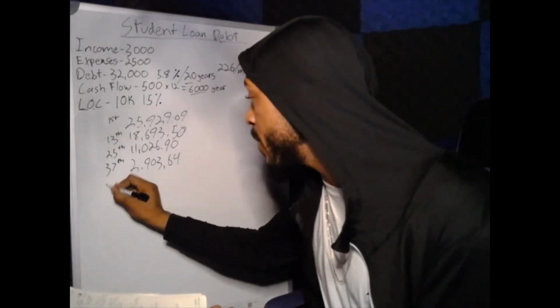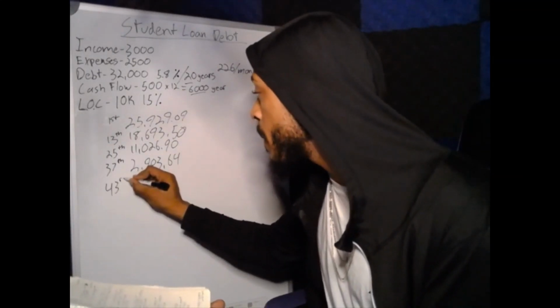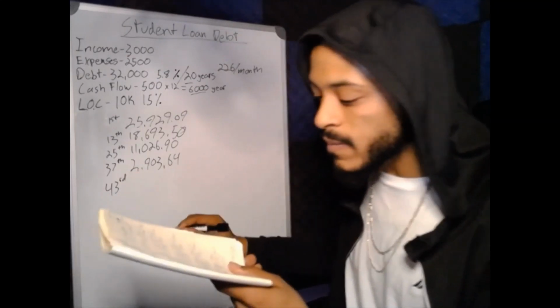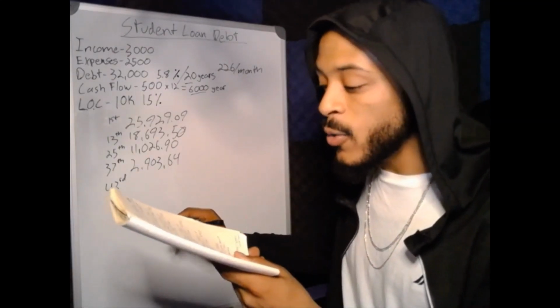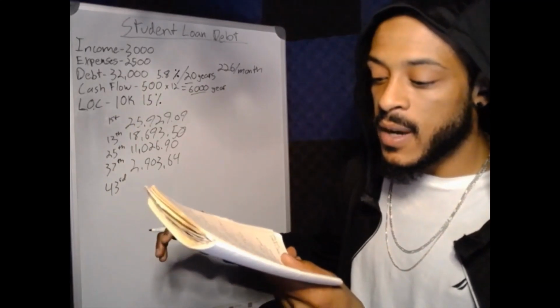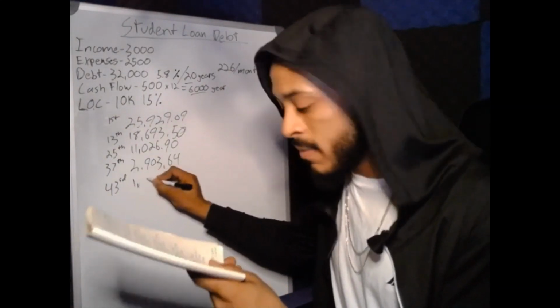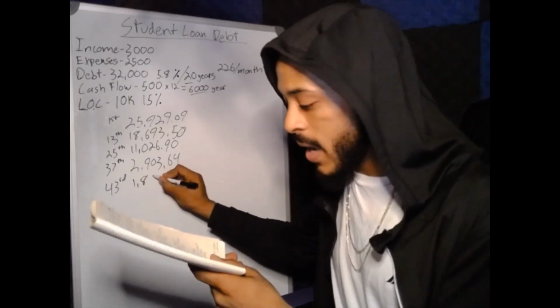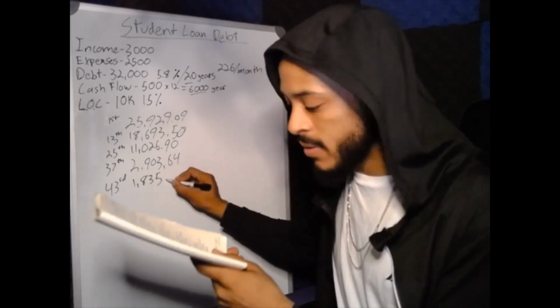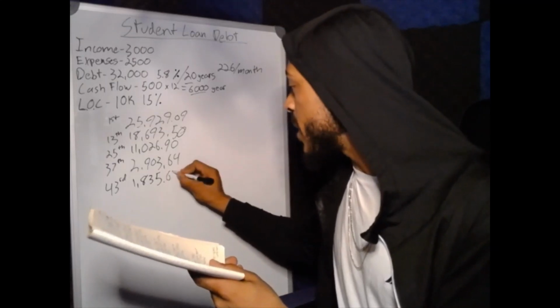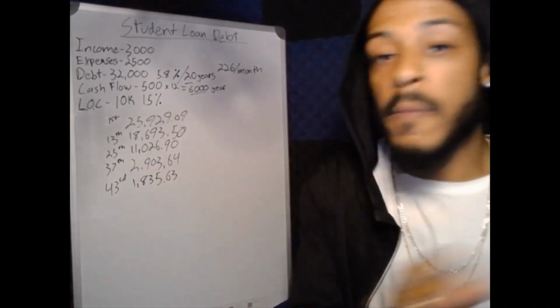So on the 43rd month, you would have had a balance of $1,835.63. So check my math.